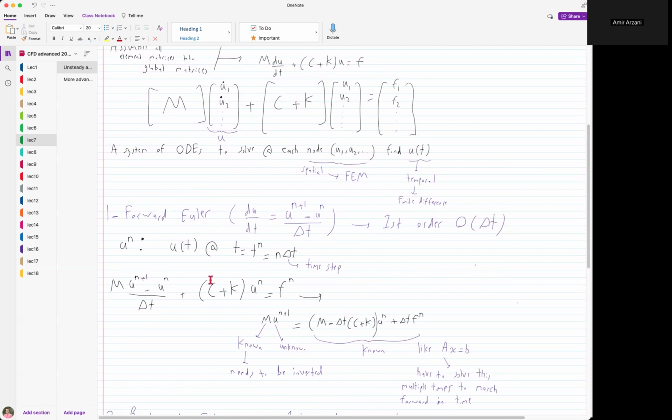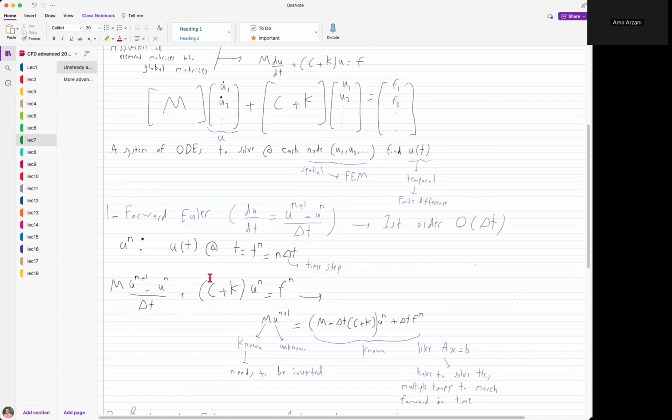So you can think about this also being evaluated at superscript n, which is the previous time step. So you have to be careful about that. You could have an unsteady advection diffusion problem with a steady velocity field, in this case where C is just constant, or you could have an unsteady advection diffusion problem with an unsteady velocity field.